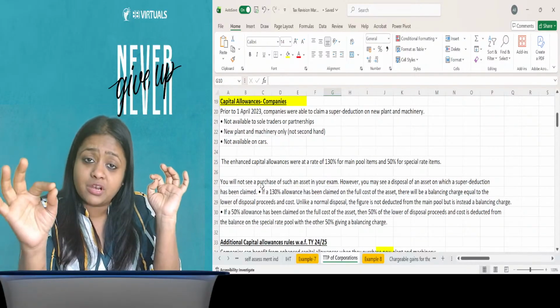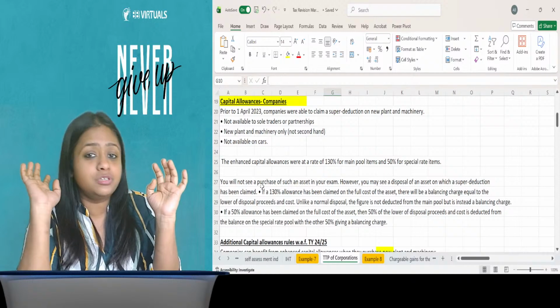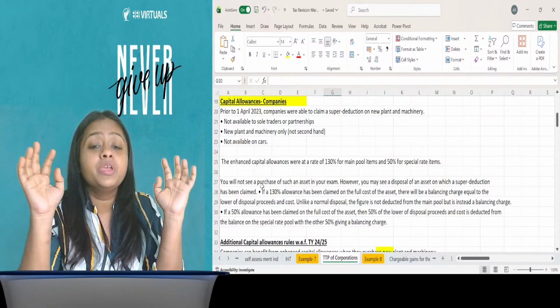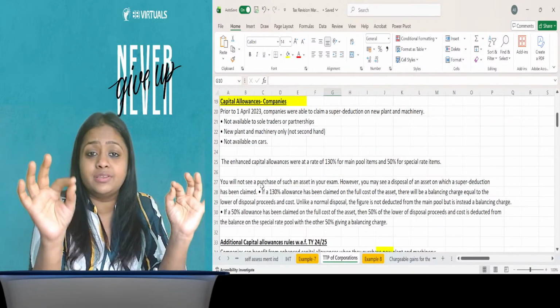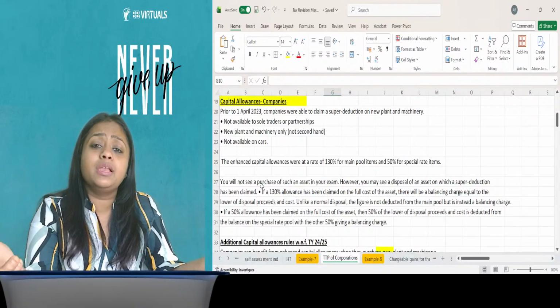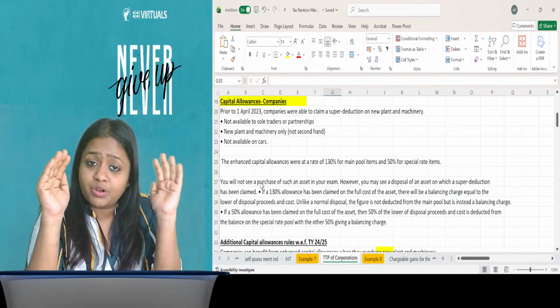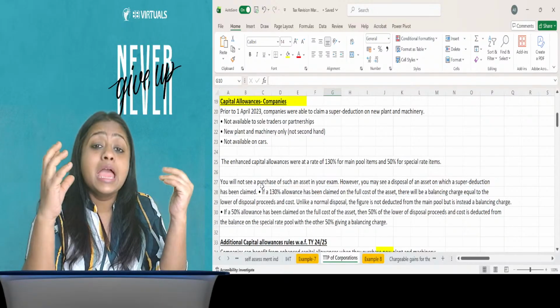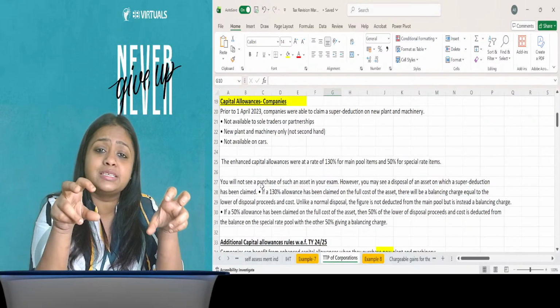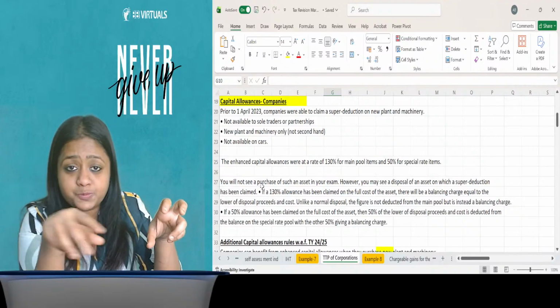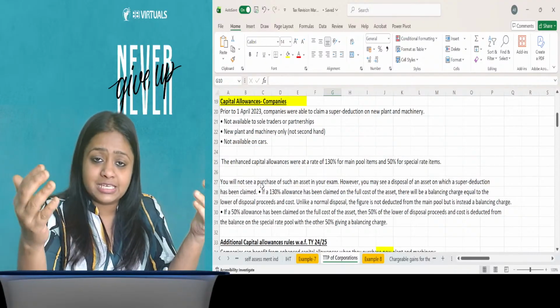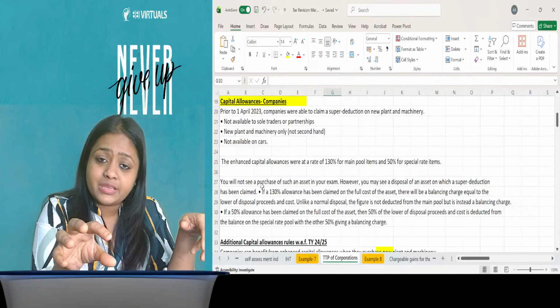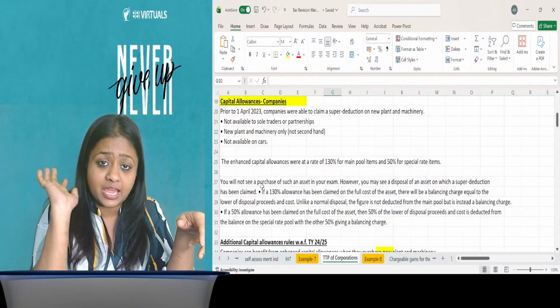So the special rate pool category new plant and machinery purchased by a corporation would receive first year allowance at the rate of 50%. Typically, what we used to do was first adjust 100% AIA against the special rate pool purchase, and then if there is any purchase amount remaining for the special rate pool, right, the asset value still remaining, then for that value we would adjust 50% FIA.